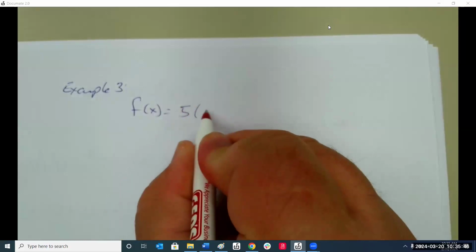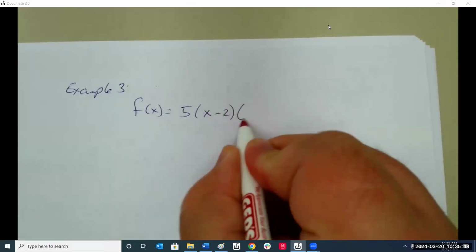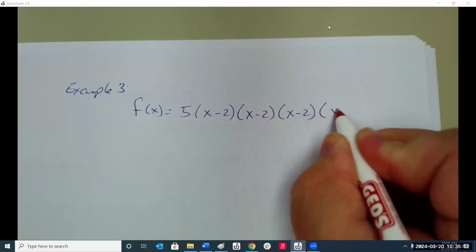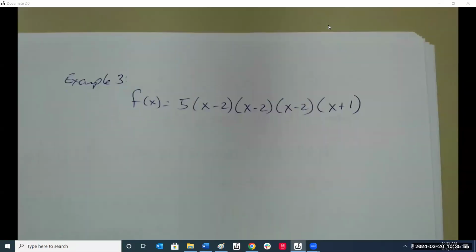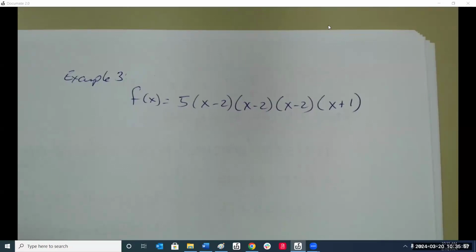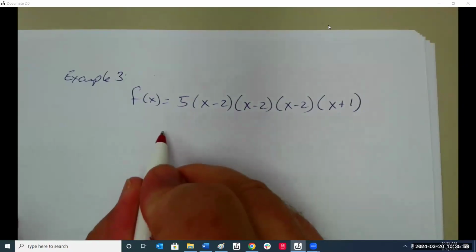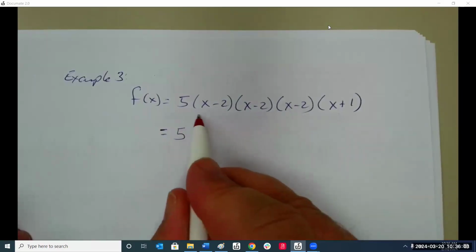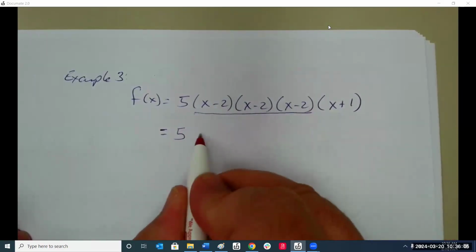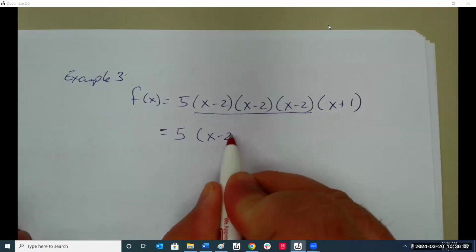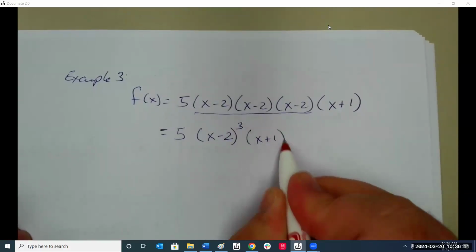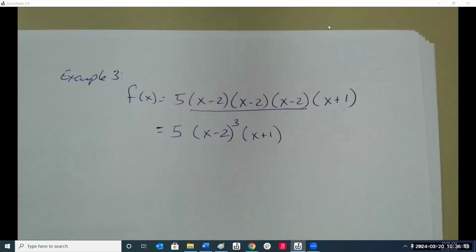Find the zeros. Since we know that we have 3x minus 2's, we can simplify the equation like this a little bit further.